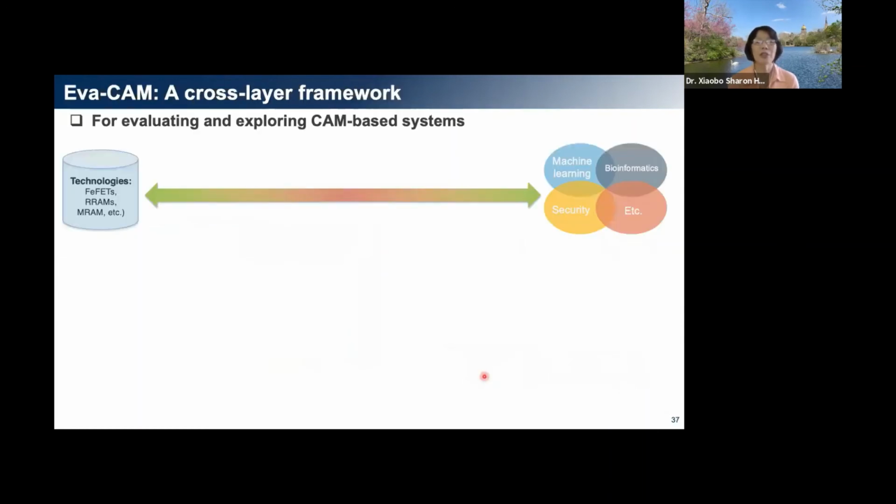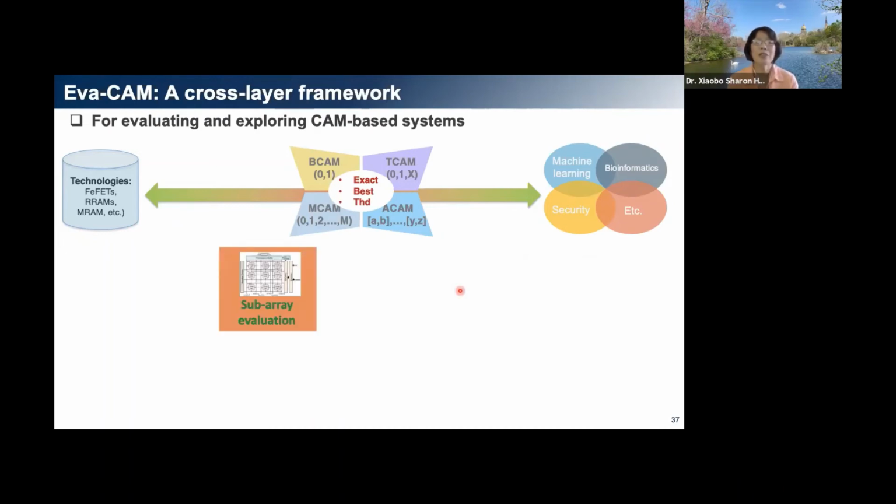Currently, we are working on a tool called EVACAM, a cross-layer framework trying to evaluate CAM-based systems from devices to applications. It considers all the different types of CAM designs I have talked about: BCAM, TCAM, MCAM, ACAM, etc. It also considers different types of matches, as well as different distance functions like sigmoid, square, Euclidean, etc.